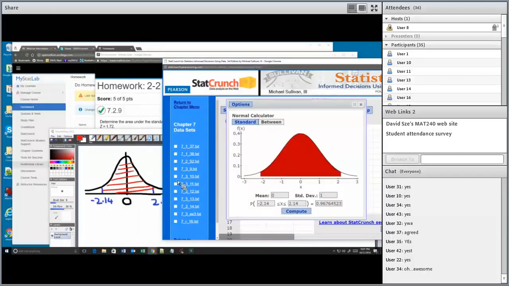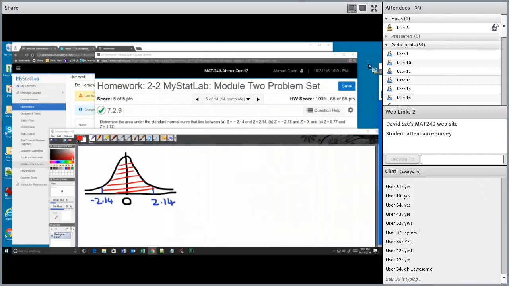It gives you exactly the area that you predicted, and the value is 0.9676. That's your probability under the normal curve between these two values, 0.9676. What do you think? Sweet, right? Let's do one more.